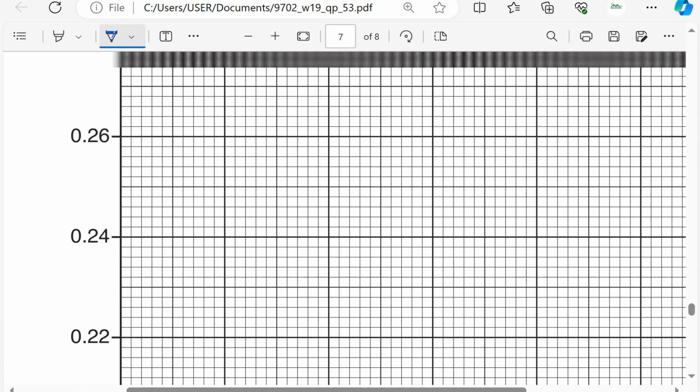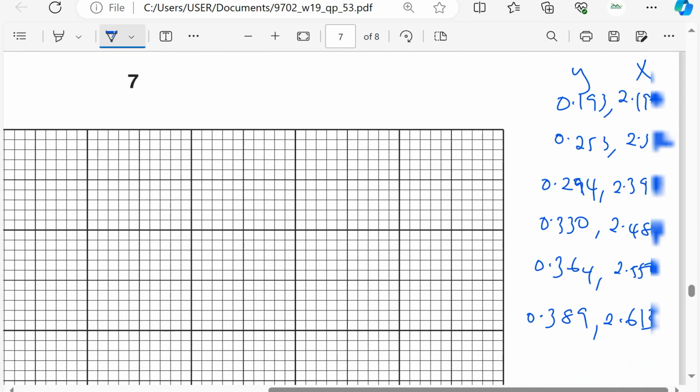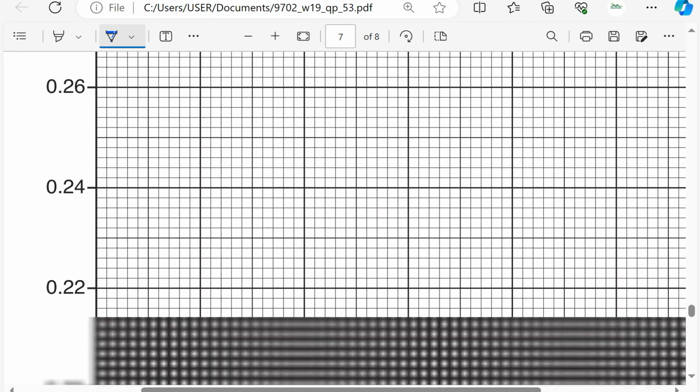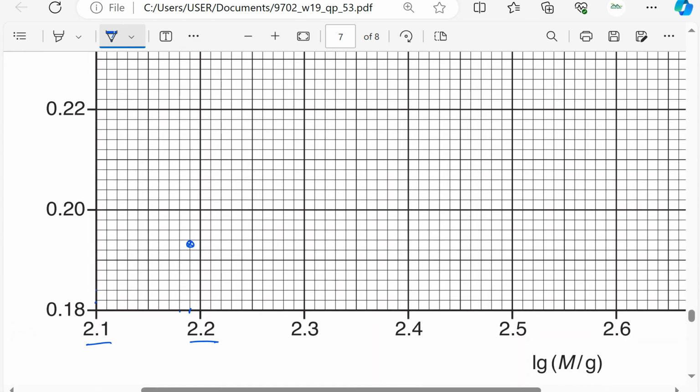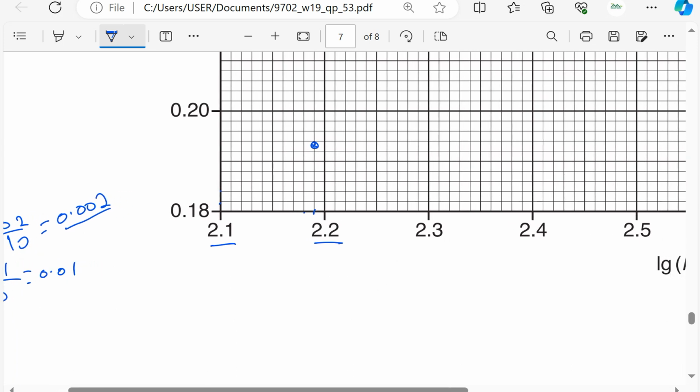Then the other point is, I'm plotting on the x-axis 2.312, on the y-axis 0.253. Okay. So you must be patient with my computer. So I have to plot 2.312. So remember on the x-axis, one small box was representing 0.01.